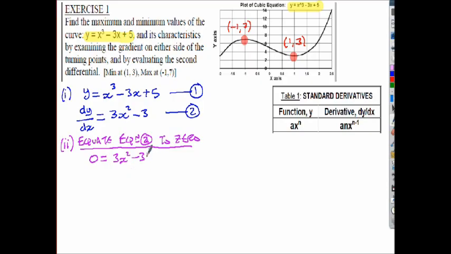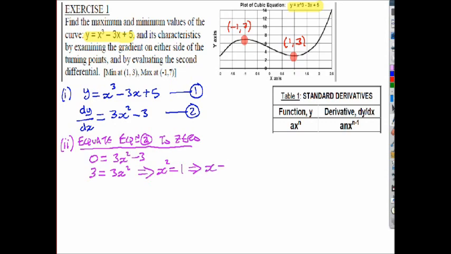I've got to rearrange the equation, so add 3 to both sides, so 3 is equal to 3x squared. Divide both sides by 3 and I get 1 is equal to 1x squared, so x squared is equal to 1. Now to find the value of x, I need to square root. Be careful with this: when you square root, you get two solutions.